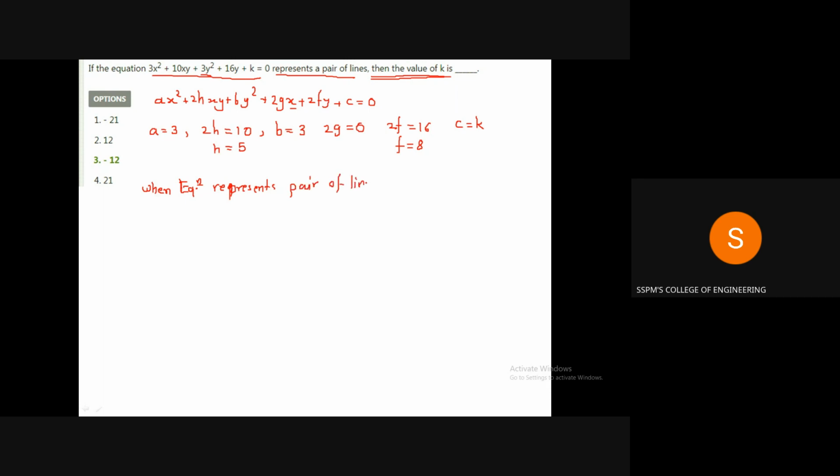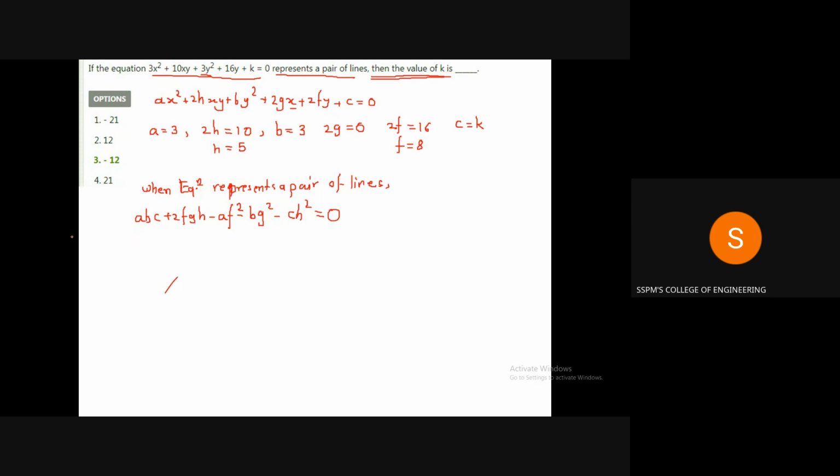When some equation represents a pair of lines, we can write this, as we already used in previous questions: abc plus 2fgh minus af square minus bg square minus ch square is equal to 0.